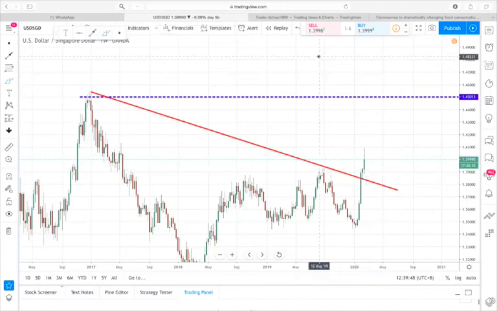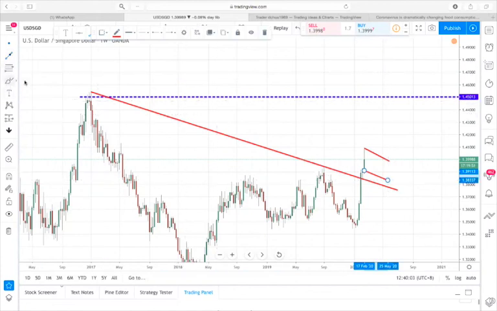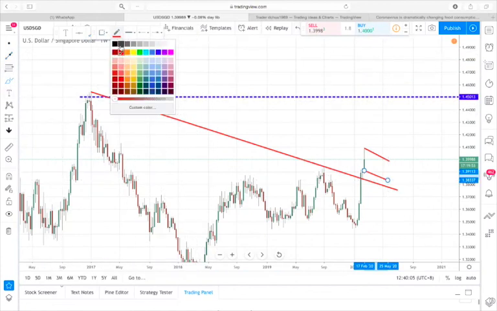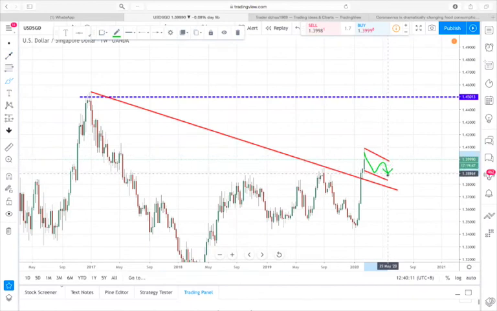So if it is going to retrace something like that, for example, okay, oops, sorry. So it might form anywhere here, and the price might move here, here, here.